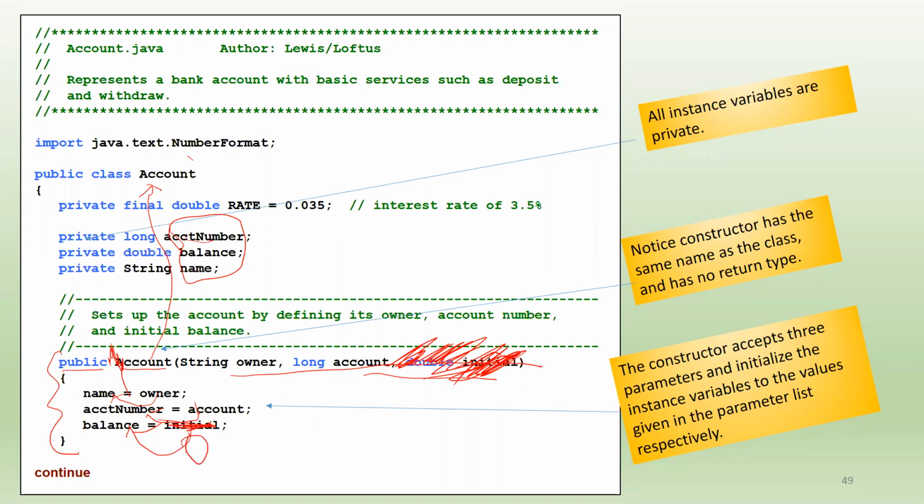So no matter what, the purpose of your constructor is to initialize all instance variables to a value, given or not, okay? So if this constructor accepts only 2 parameters, you still have to initialize balance to a default value. In this case, we initialize it to 0. And that's very important to remember, okay? Questions?